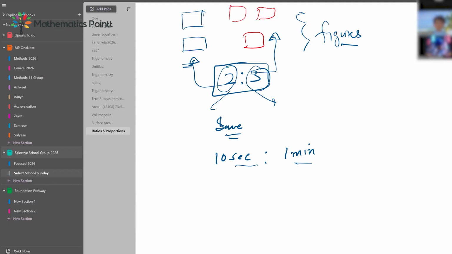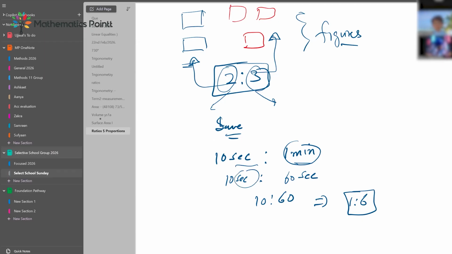They need to be of similar units. So either you convert seconds into minutes or you convert minutes into seconds. So the ratio here will be 10 seconds ratio 1 minute, which has 60 seconds. So it is 10 ratio 60, which is 1 ratio 6. Mind you, the units have to be the same in order to form any kind of ratio.